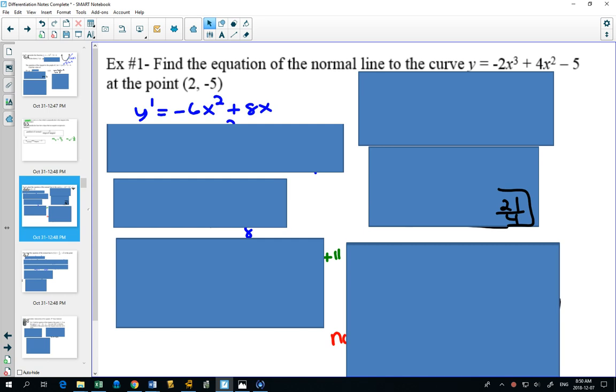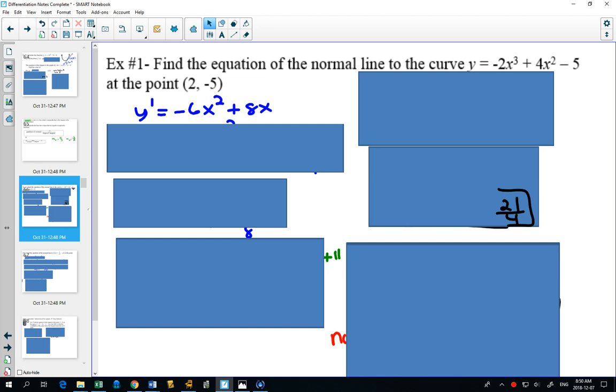Well, first, we would find the derivative. And then we would say, the derivative, what does that mean? The derivative is an equation of all the slopes of all the tangent lines.